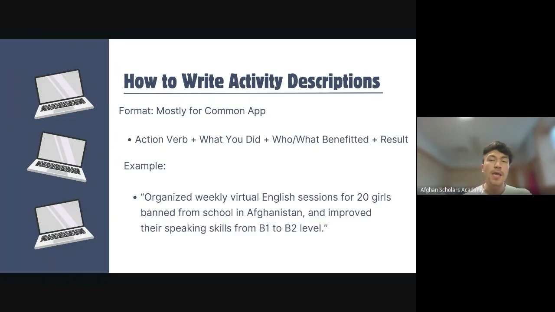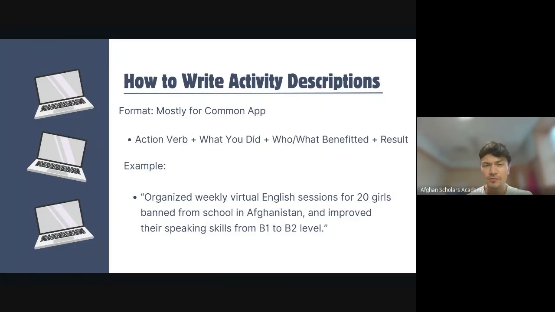This is a very good description, very concise and short, and it shows what you did, what you achieved, how you did it, and who benefited. You see, that's not a fancy title and not a huge thing, but it's a very impactful, very meaningful action.